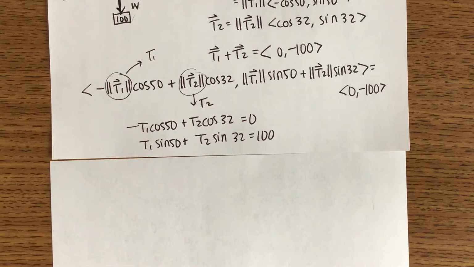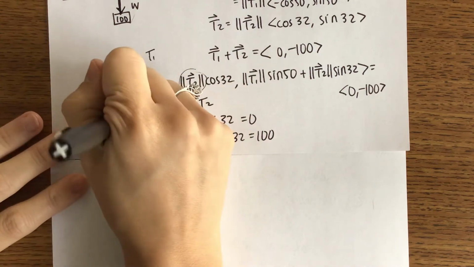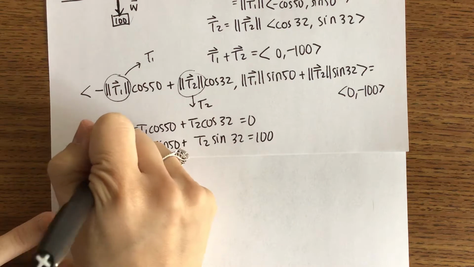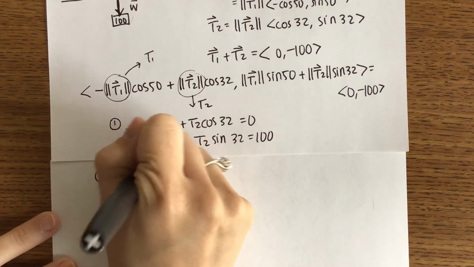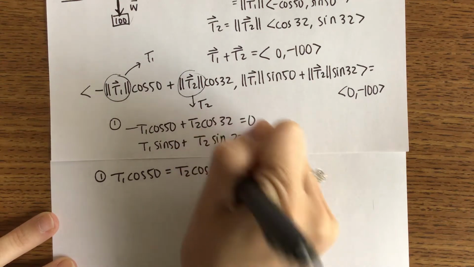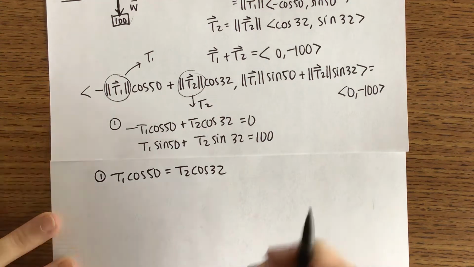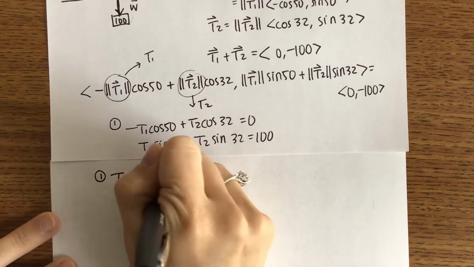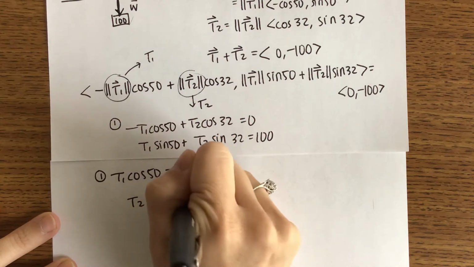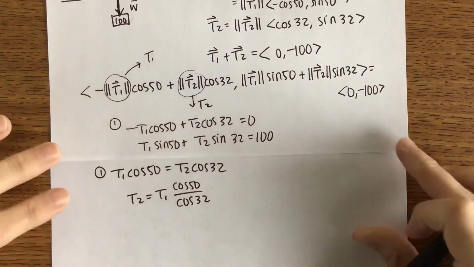I'm going to do substitution, starting with that first equation. First equation tells us that T1 cosine of 50 is equal to T2 cosine of 32. T2 then is T1 times cosine of 50 over cosine of 32.